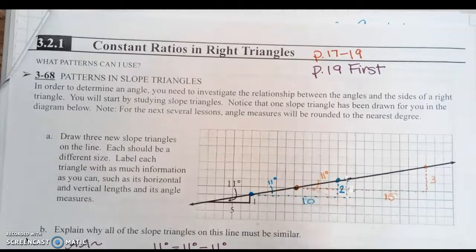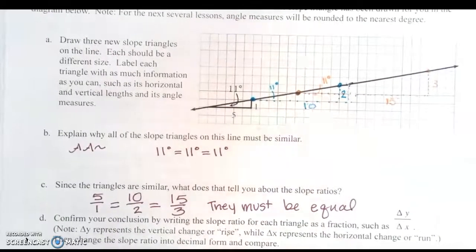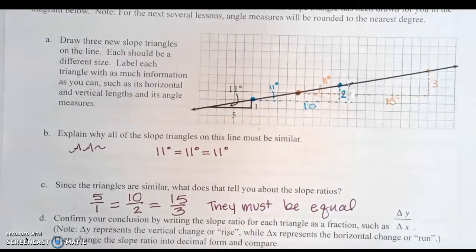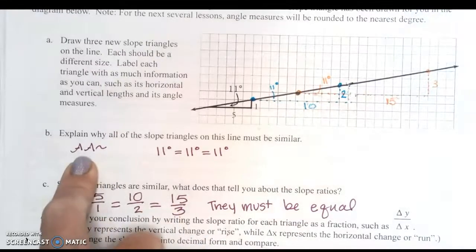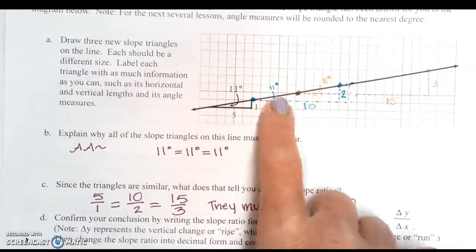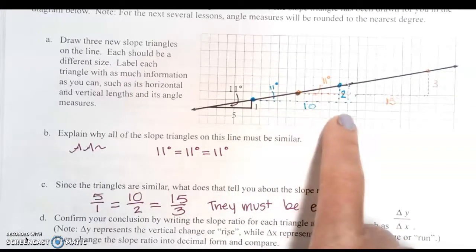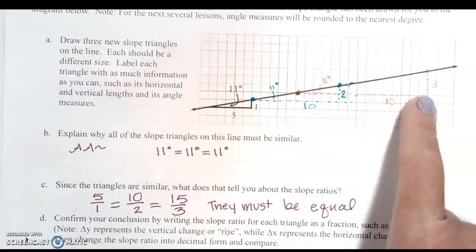Part B says, explain why all of the slope triangles on this line must be similar. Because of something called angle-angle similarity, where we have 11 degrees, 11 degrees, 11 degrees, and this corner is going to give you 90 degrees, 90 degrees, and 90 degrees.